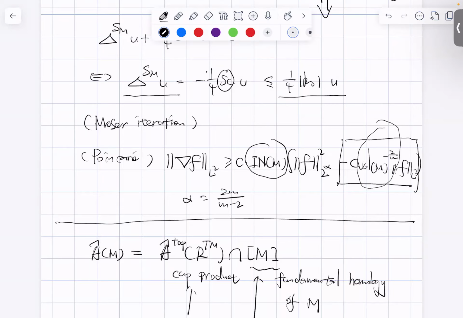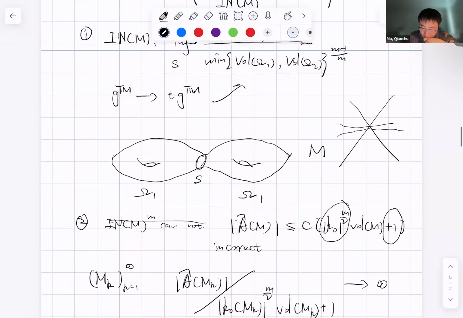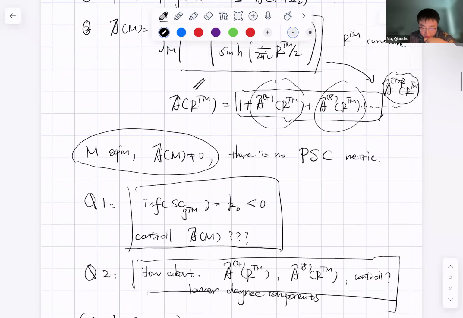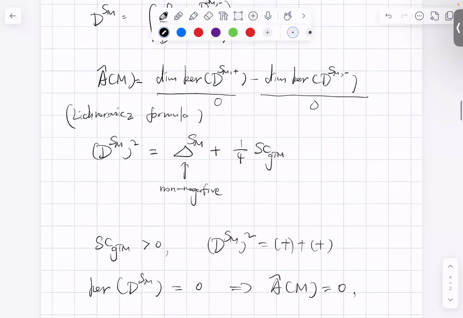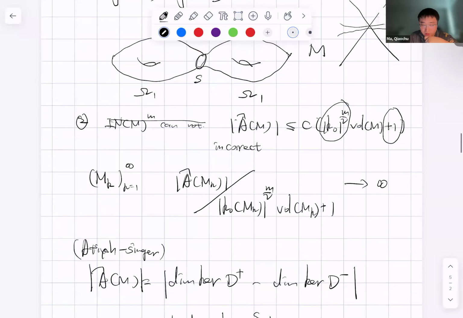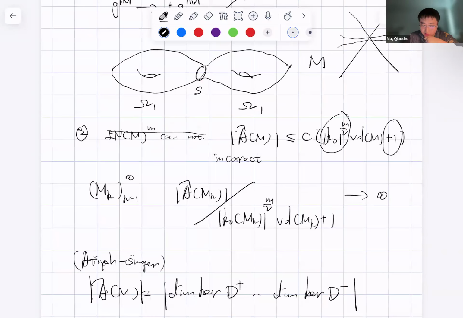Okay. But when K0 is 0, is this bound sharp? Sorry, I didn't get it. So you want to say, can we find an optimal constant? Oh, sorry, I'm just making an analogy with the other result that I was more familiar with, the first Betti number bound.